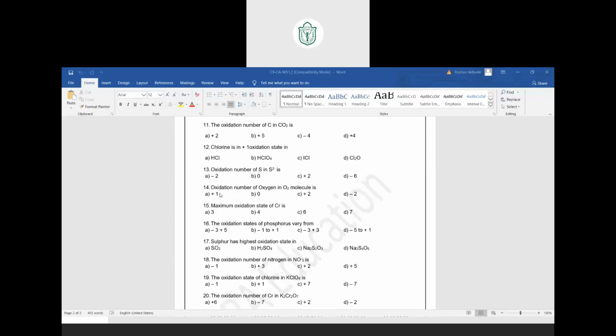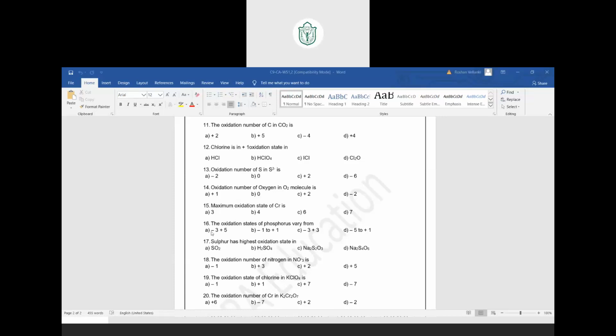Kirti, Jayshrikar, Pratyaksh, Maruti, Mithil saying option B. Very good, that is the correct answer. Why? Because O2 is made up of 2 oxygen atoms belonging to the same element. So what is the electronegativity difference? Completely 0. So none of them gains or loses. So oxidation number is 0. Very good. Next, leave the 15th one, I will discuss it after the 20th.